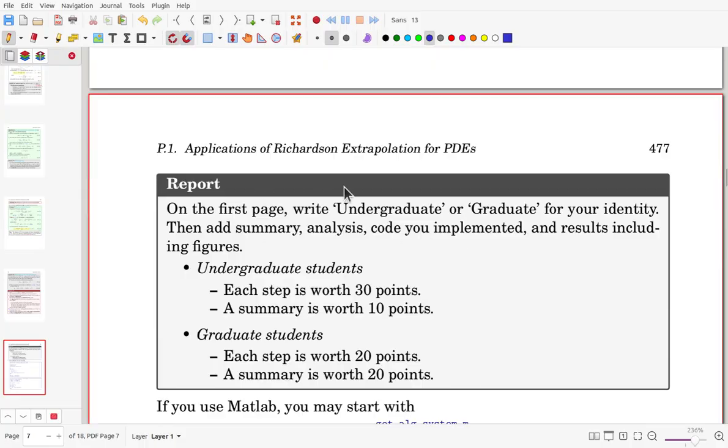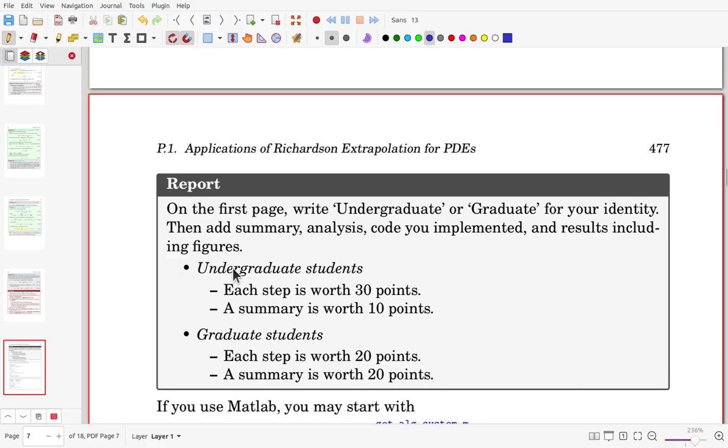Here is the report information. On the first page, write undergraduate or graduate for your identity. Then add a summary, analysis, the code you implemented, and results, including figures and plots.